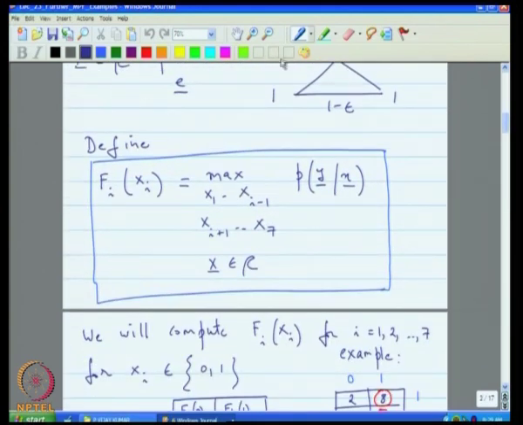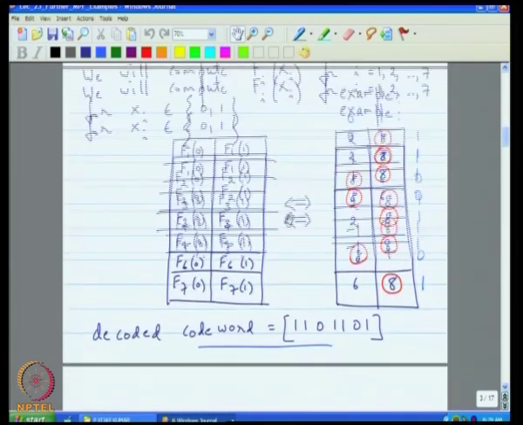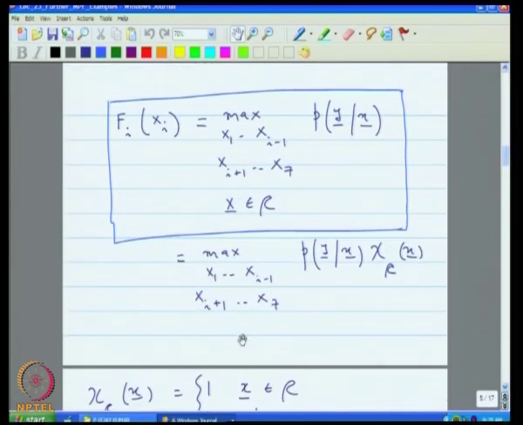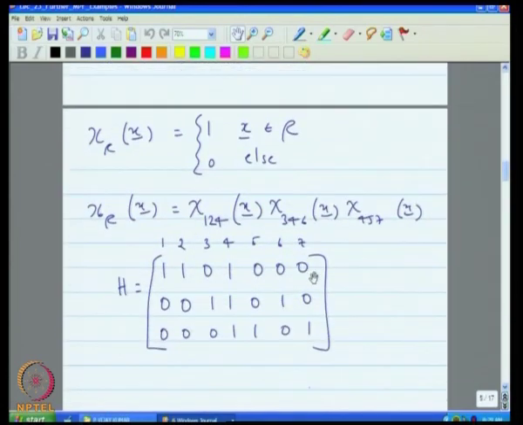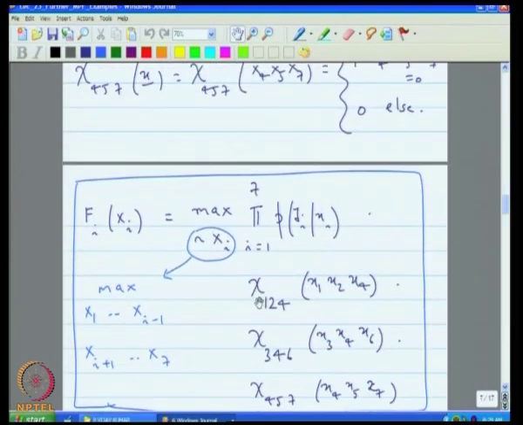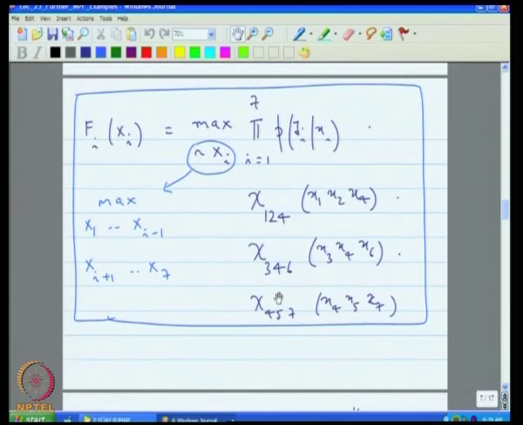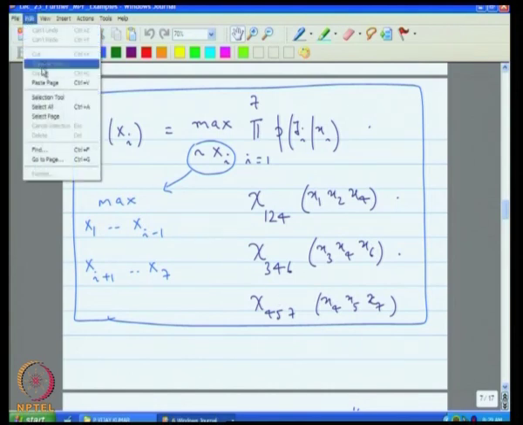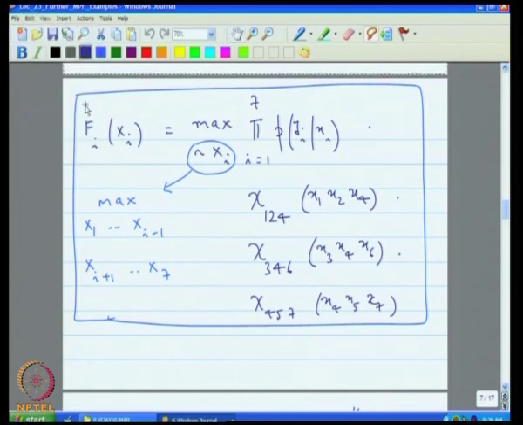And towards this end, what we had done was we had introduced these quantities fi of xi, and we had defined it like this. And if you break this up, it turns out to end up with an expression like this. So, you end up with this objective function. Okay. So, let us copy this page as well onto our current lecture.